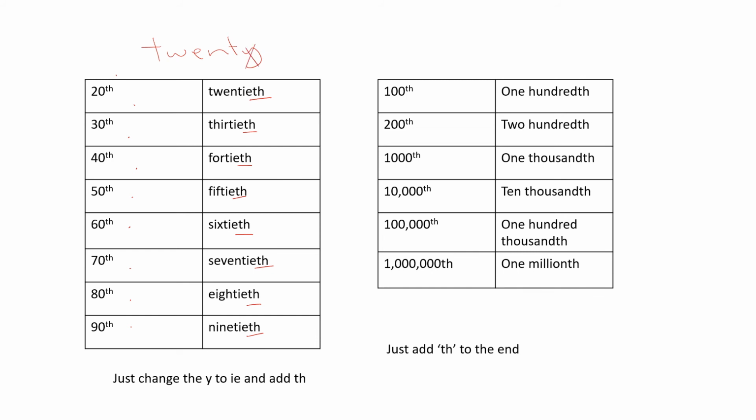You cancel the Y and you replace it with an I and you add the E-T-H. It's the same for all the other 30th, 40th, 50th, 60th, 70th, 80th, and 90th. For 100th, 200th, 1,000th, 10,000th, 100,000th, 1 millionth, all you have to do is simply add a th to the end.